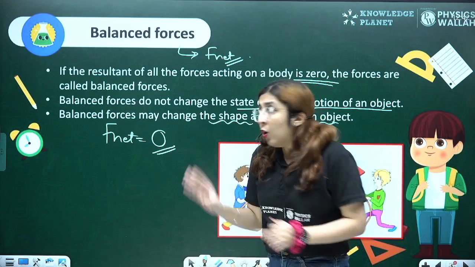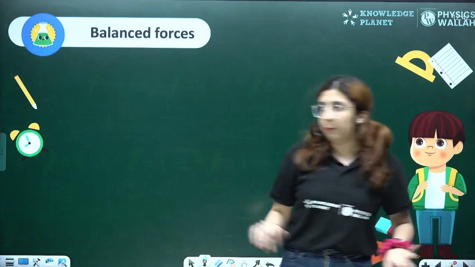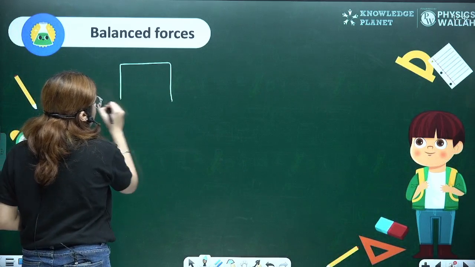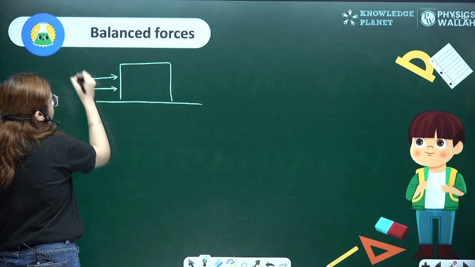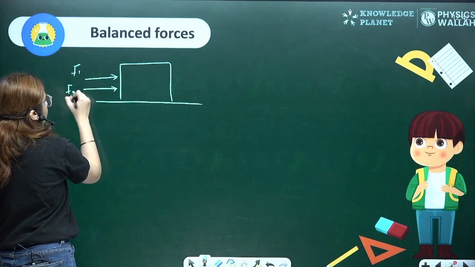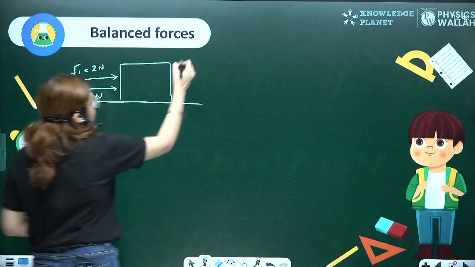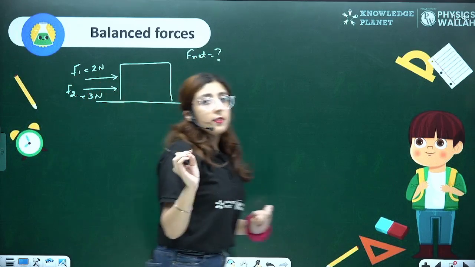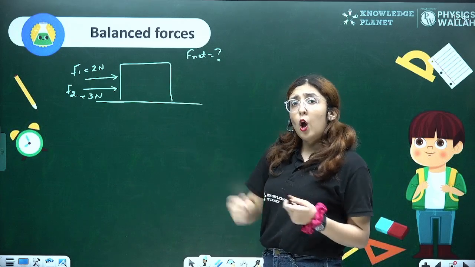Now let me show you how the things will come. There is a box. On this box, two forces are acting, F1 and F2, and I am asking you to find the resultant force. Now kids, this is like the basic. When two forces are acting in the same direction, we always add them.